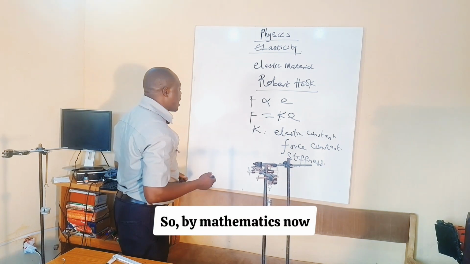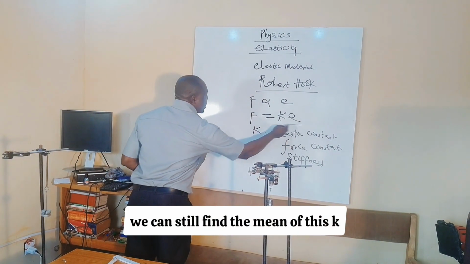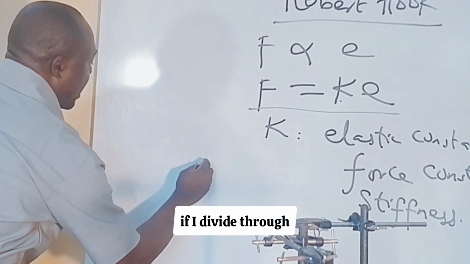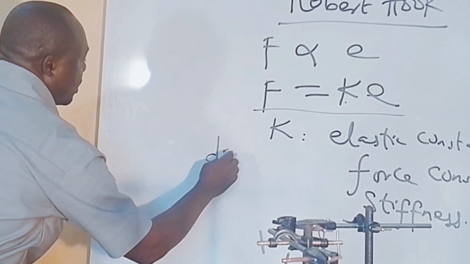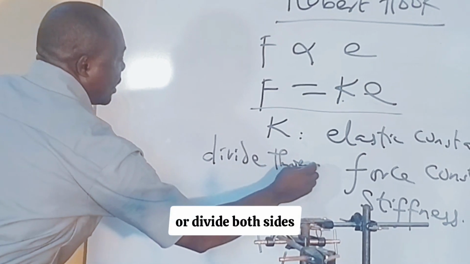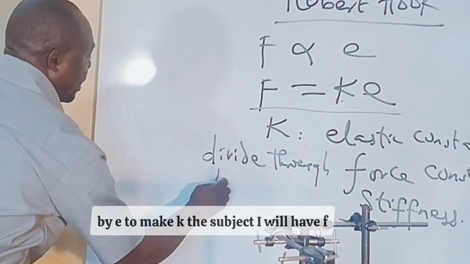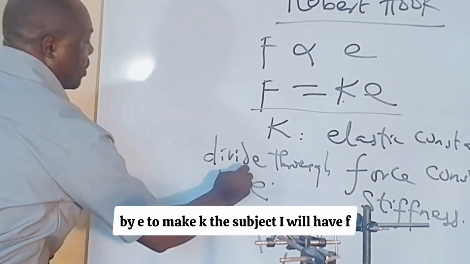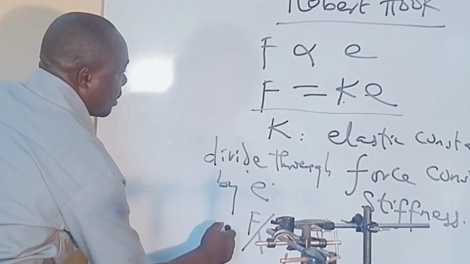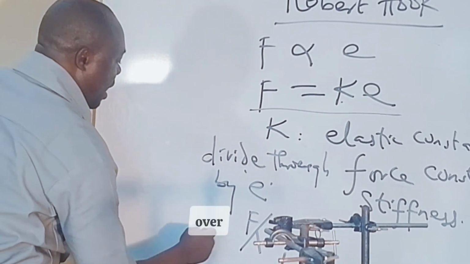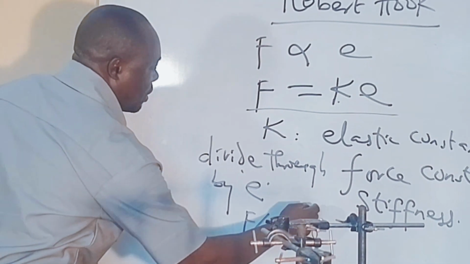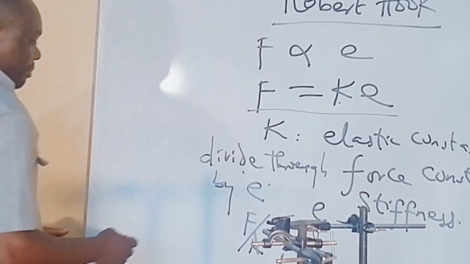By mathematics now, we can still find K. If I divide both sides by e to make K the subject, I will have F over K is equal to e.